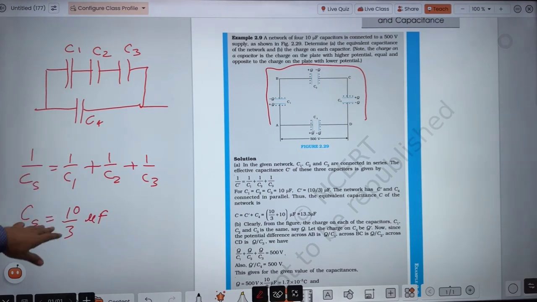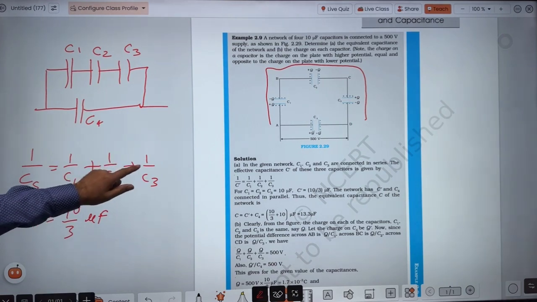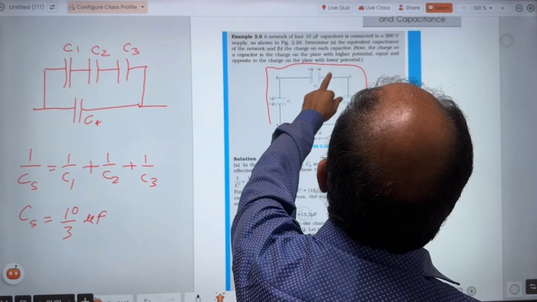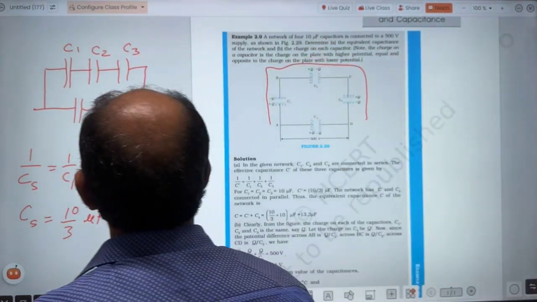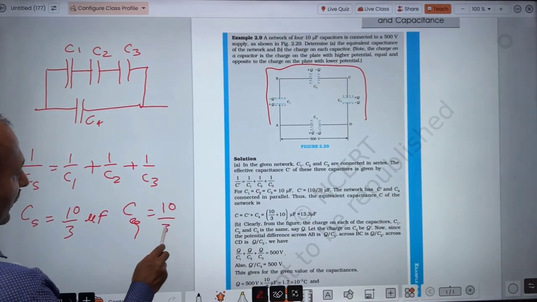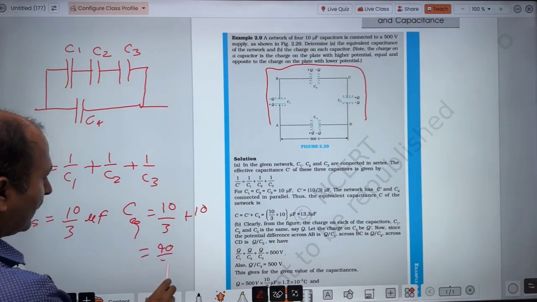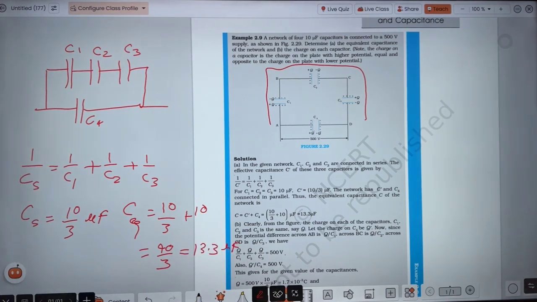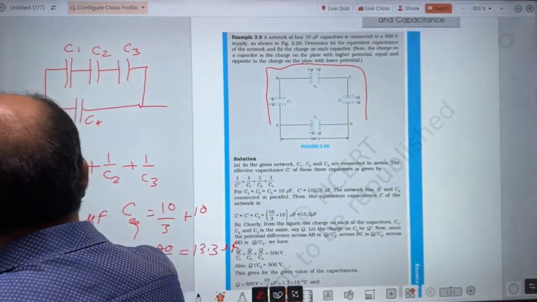Now what you observe, this value is in parallel with C4, and the value of C4 is given in our question, all capacitors in the network are 10, so all are equal, so 10. So C equivalent will be 10 by 3 plus 10, so this will give 40 by 3 or 13.3 microfarad.